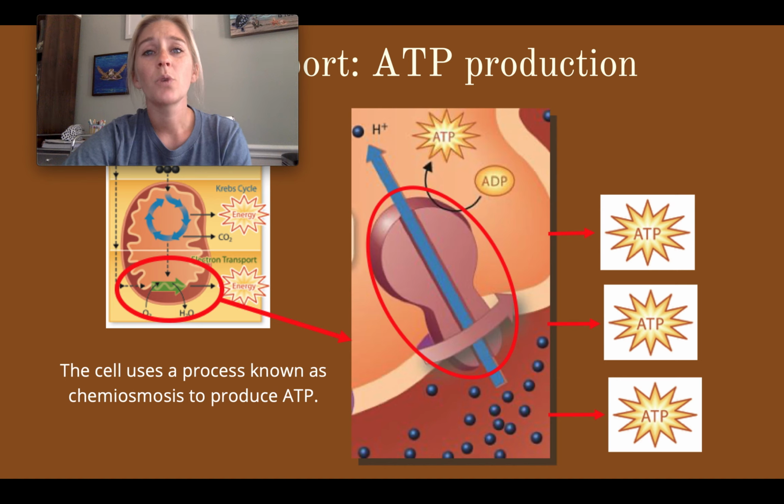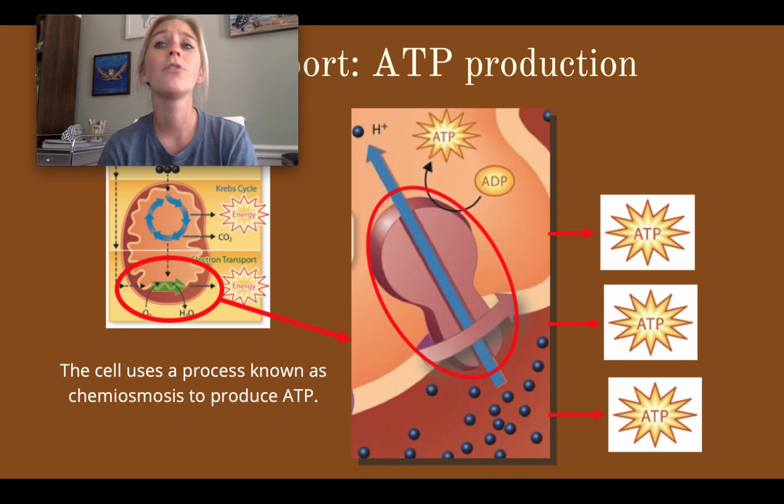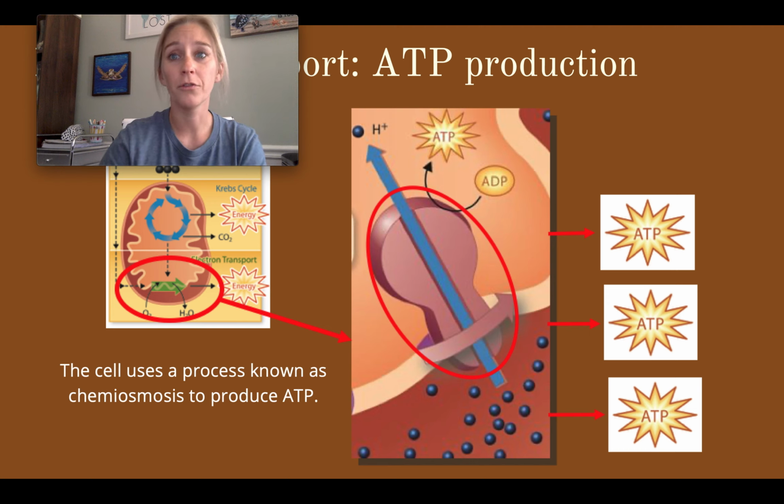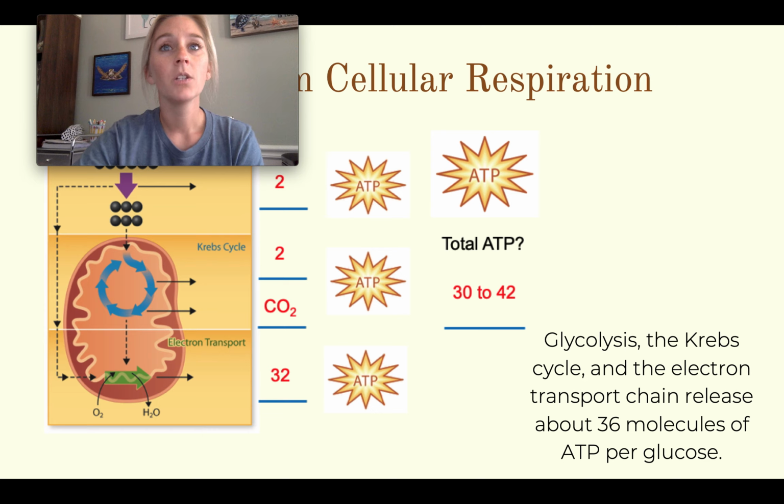For each rotation, the enzyme grabs an ADP molecule, attaches a phosphate, makes ATP. So on average, each pair of high energy electrons that move down the full length of the electron transport chain are going to provide enough energy to produce 3 molecules of ATP.